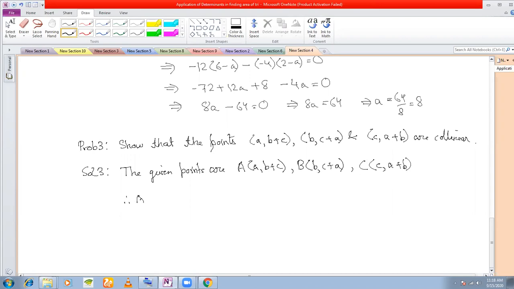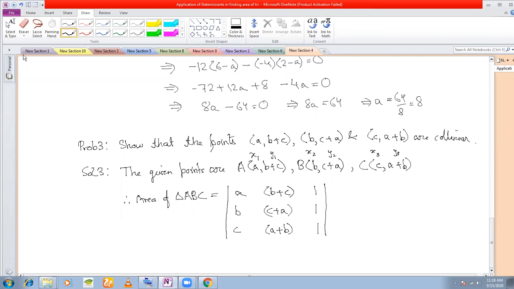Therefore, area of triangle ABC is equal to, let's take this as x1 by 1, this as x2 by 2, and this as x3 by 3. So A, B plus C, 1, B, C plus A, 1, C, A plus B, 1.